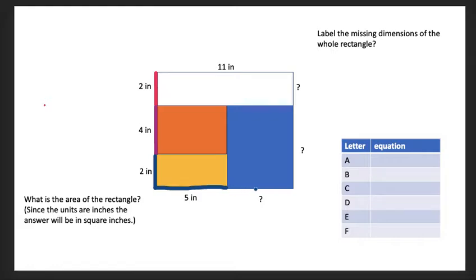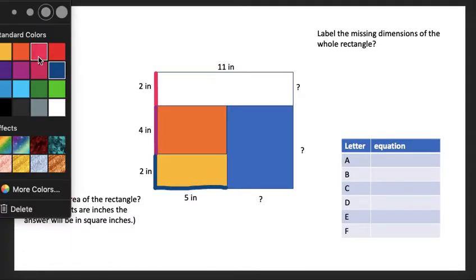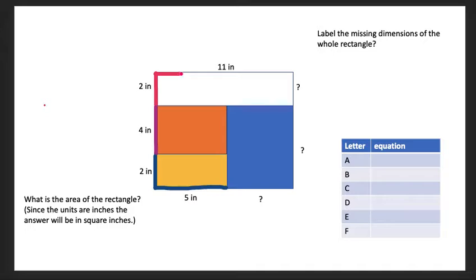However, we don't know how long this side of the blue rectangle is, or this side. So we don't know this right side or the bottom length. We need to find that out. And we definitely can, because we have a lot of other information that can help us out. We also know that this top part of the white rectangle is 11 inches long, which is very helpful.